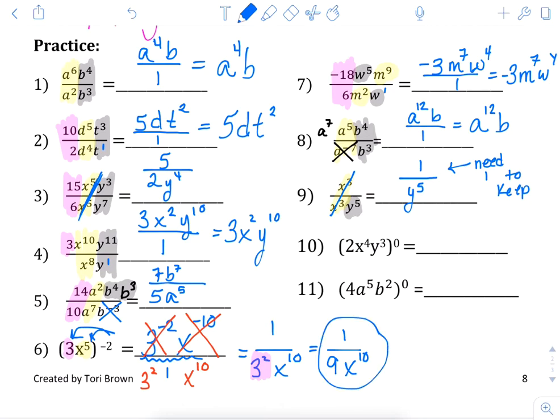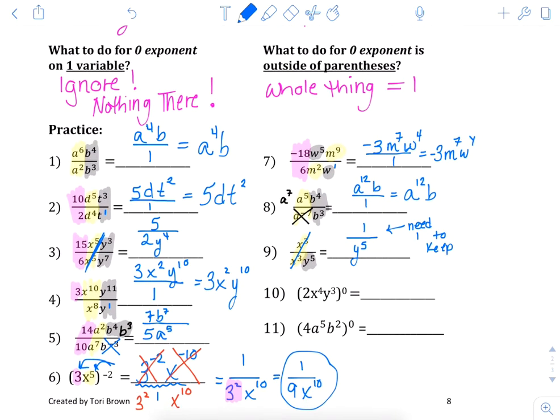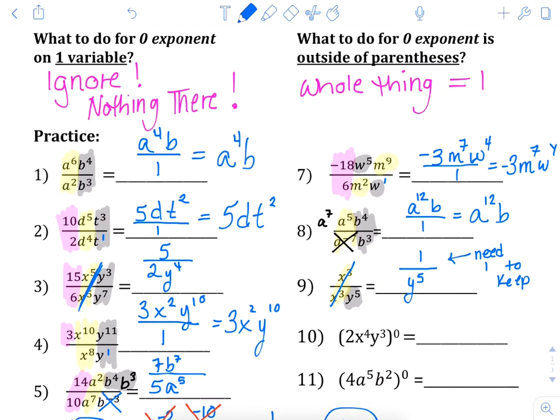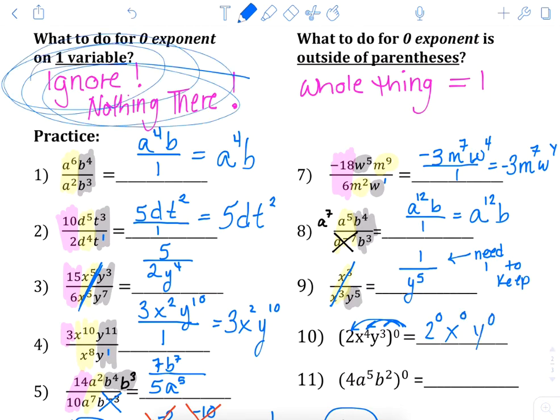Okay? All right. The last 2 questions, I'm going to use back up here for our reference answers. What do I do if I have a 0 exponent on the outside of my parentheses? These are my favorite questions. You don't have to do any work. If I distributed all of this, and I did 2 to the 0, x to the 0, y to the 0, what I'm telling you is there's nothing there, okay?